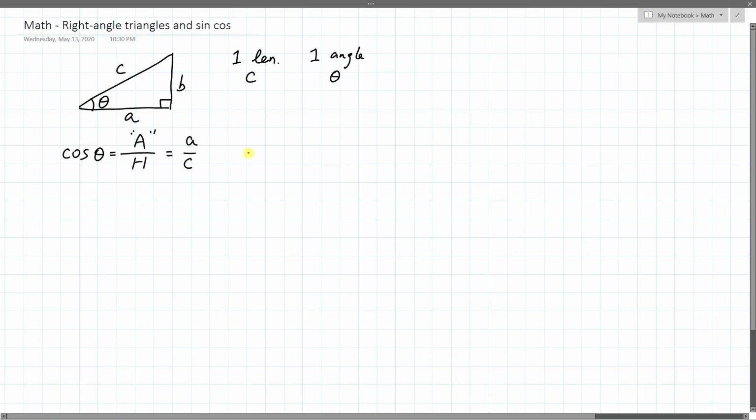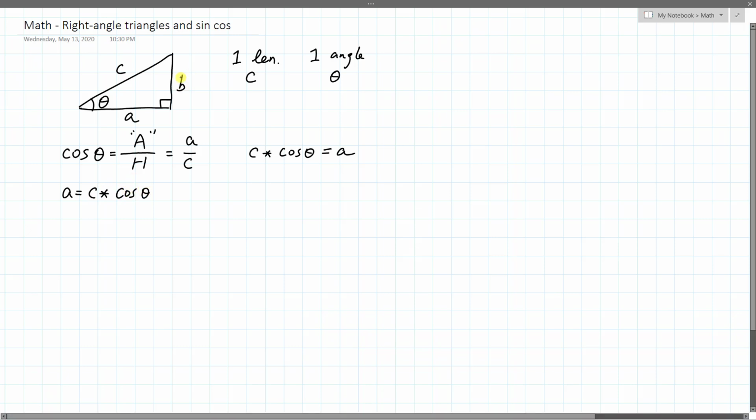So we'll have C times, this is how I write times, that distinguishes it from an x, cosine theta is equal to A. So this is basically how you can find one of the two missing lengths, using C and the cosine of the angle. So we can write it this way, as A is equal to C times cosine theta.